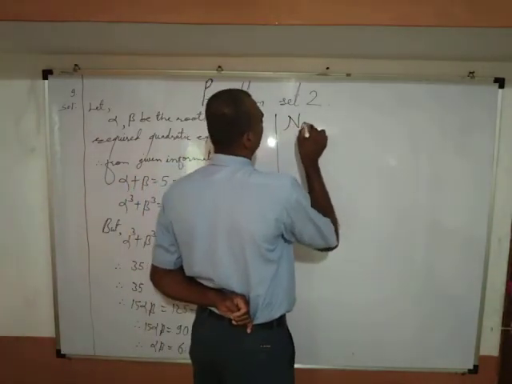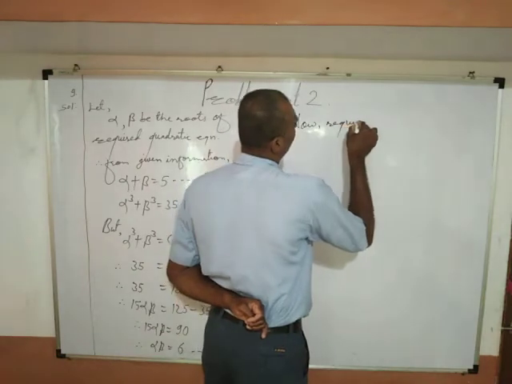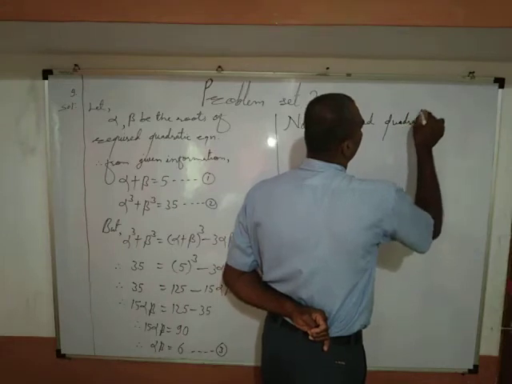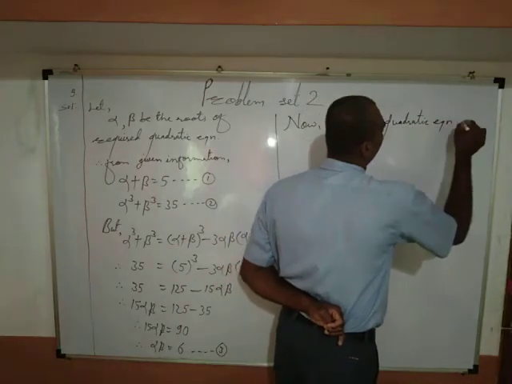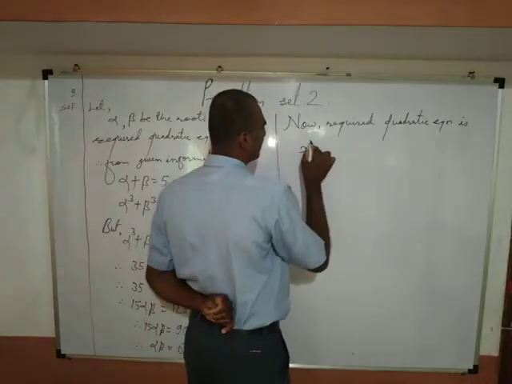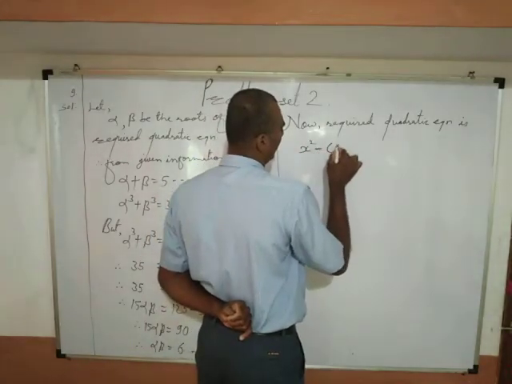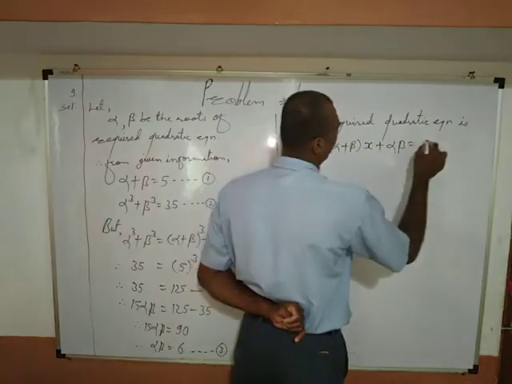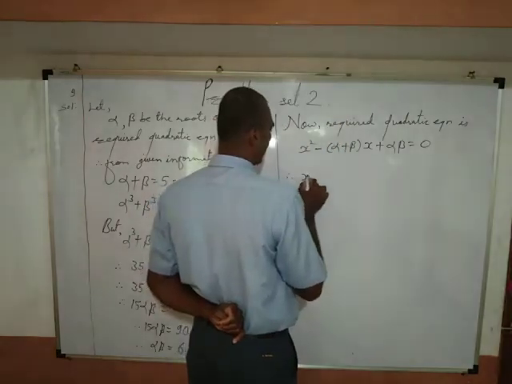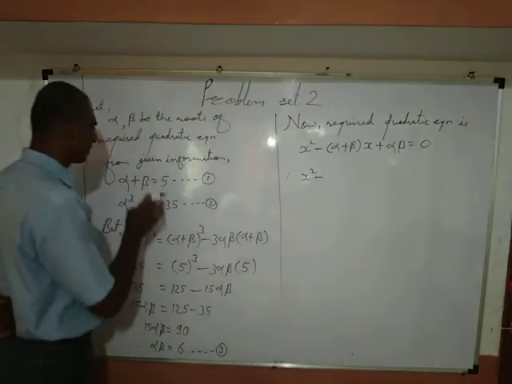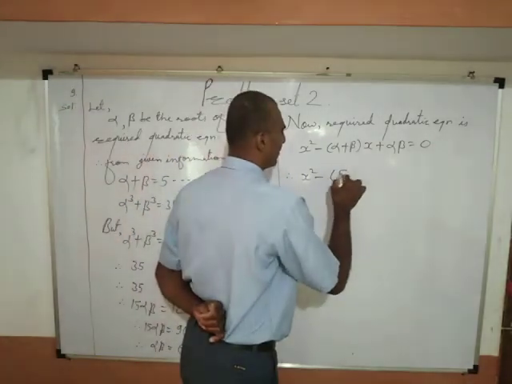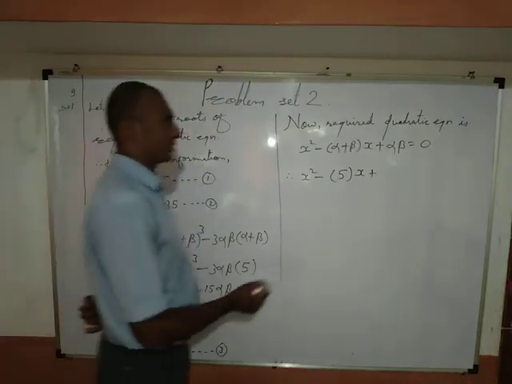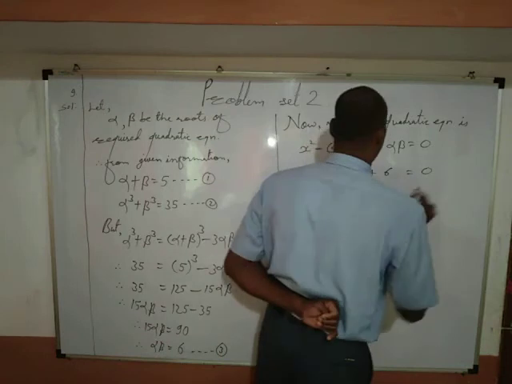Now, the required quadratic equation is x square minus (alpha plus beta) into x plus alpha beta equal to 0, and therefore x square minus value of alpha plus beta is 5, that's why in bracket 5 into x plus alpha into beta is 6, equal to 0.